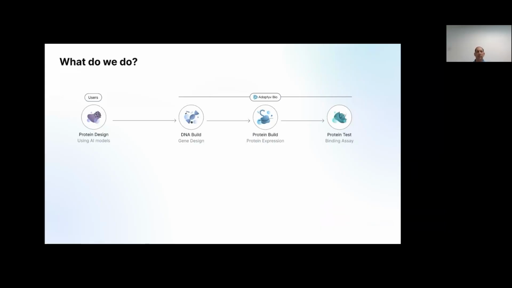Their models come up with a large number of amino acid sequences for proteins that the model thinks will do the work. Inside Adaptyv Bio, we design and build the DNA that will then be made into the protein, and then the protein will be tested.